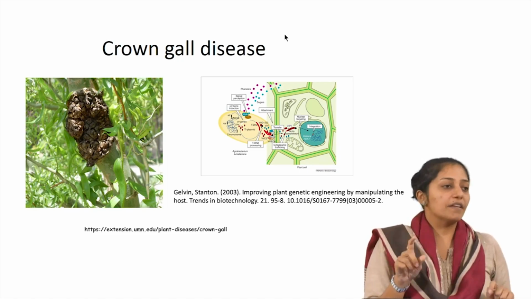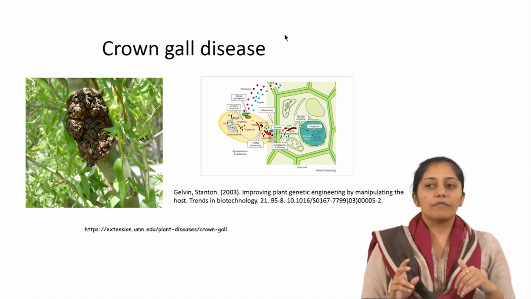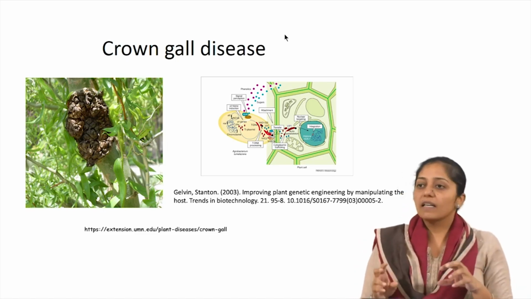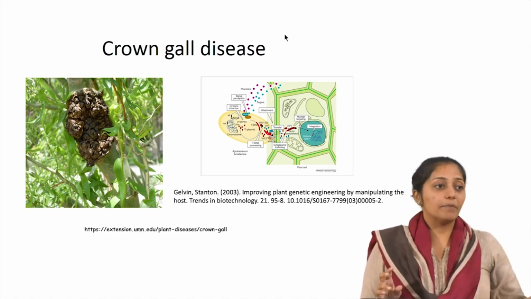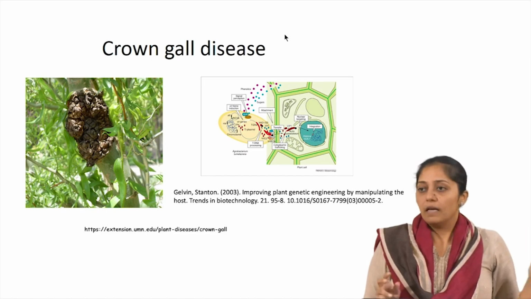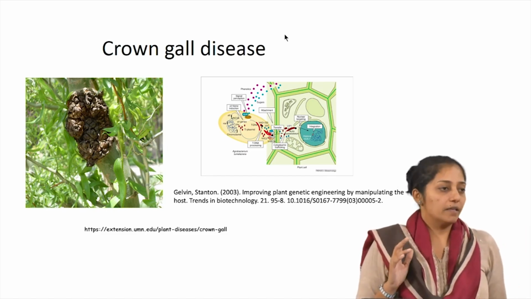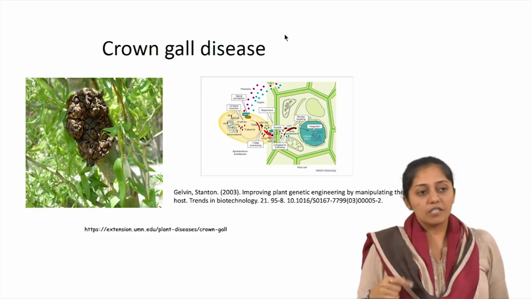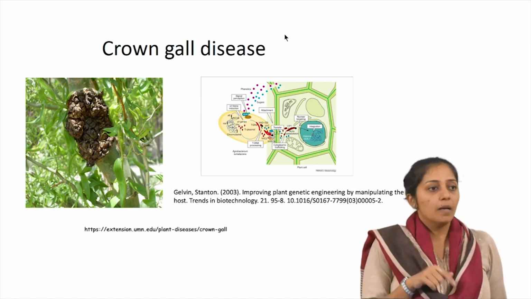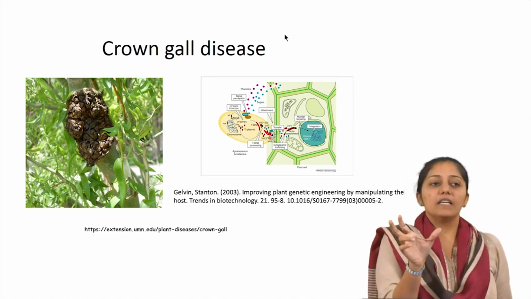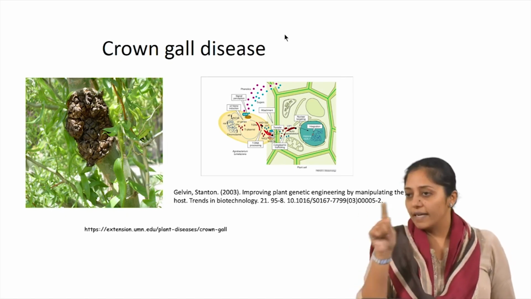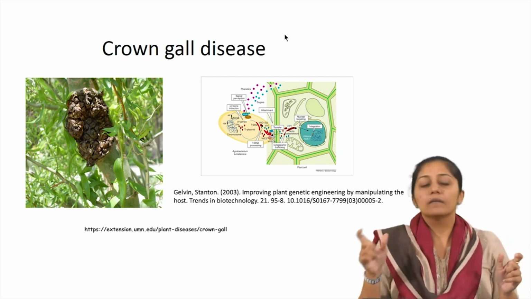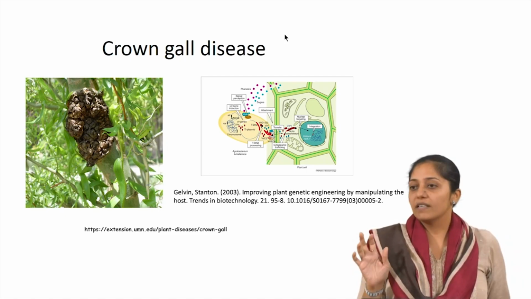These are called binary vectors because they have an origin of replication for E. coli as well as for Agrobacterium, so that they can multiply and get maintained in E. coli and also in Agrobacterium, and they will have your tDNA. Now the inherent TI plasmid is disarmed, but this vector will have the tDNA with your polylinker site MCS, your marker system, your promoter and your 3' UTR poly A signal.